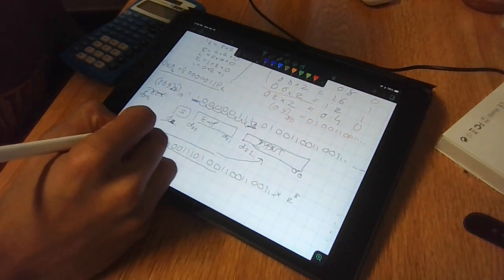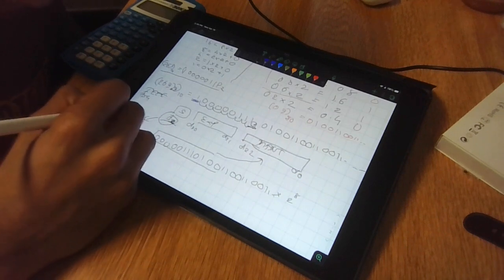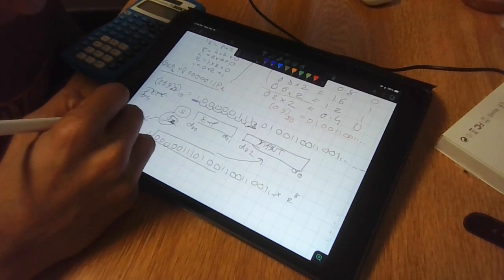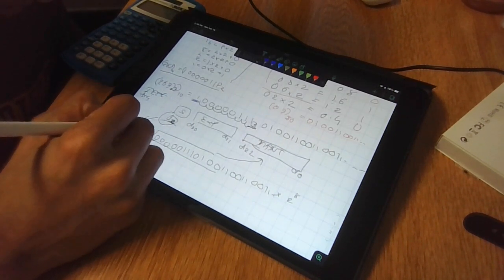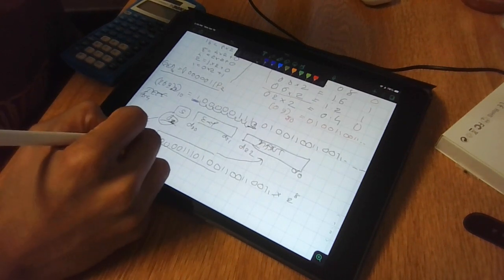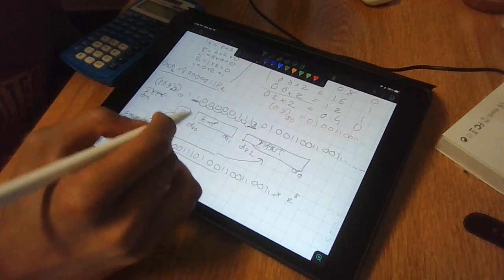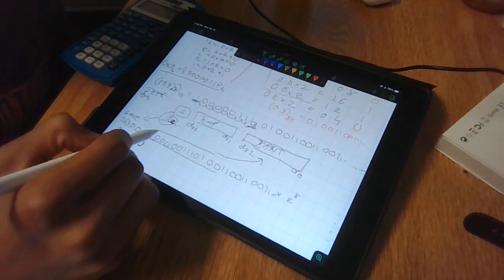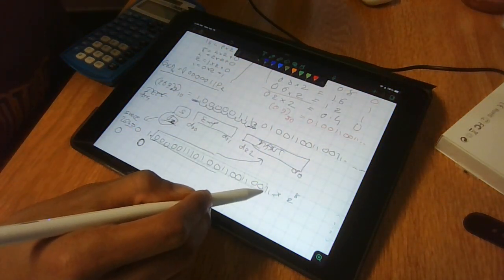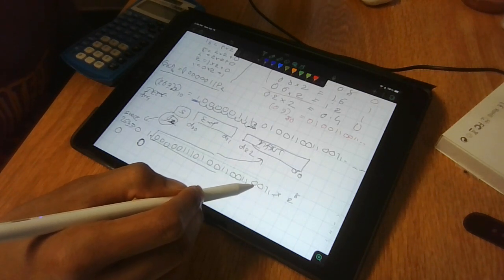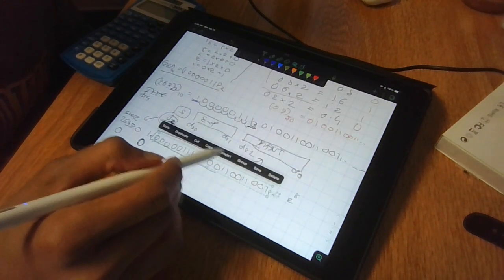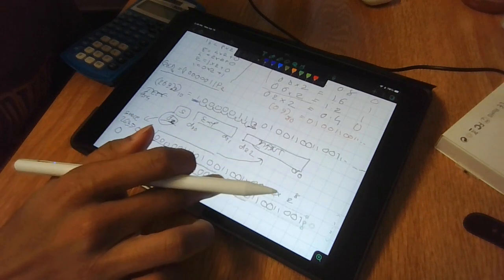Then I need the sign. Since 263 is positive, greater than 0, the sign is 0. So you have 0 for the sign part, and then this part for the mantissa, so I'm going to copy that again, some 22 bits or something like that.